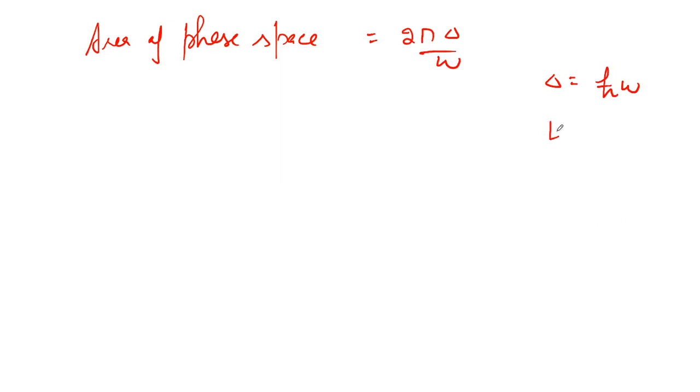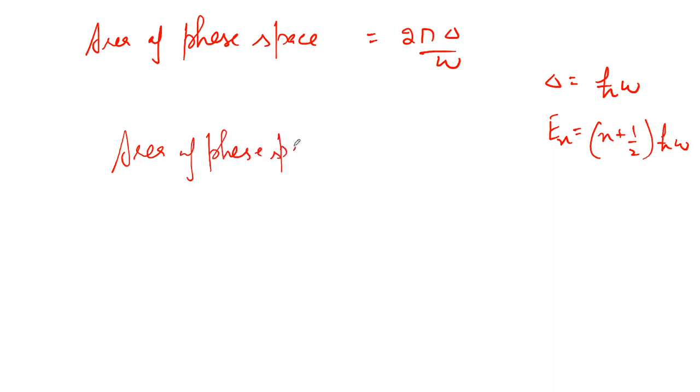So the value of En for the quantum mechanical problem is of the order of n plus 1 by 2 of h bar omega. Similarly, delta has some discrete energy value, and so the area of phase space for this single harmonic oscillator problem comes out to be 2 pi into h bar omega over omega, which is of the order of 2 pi h bar.